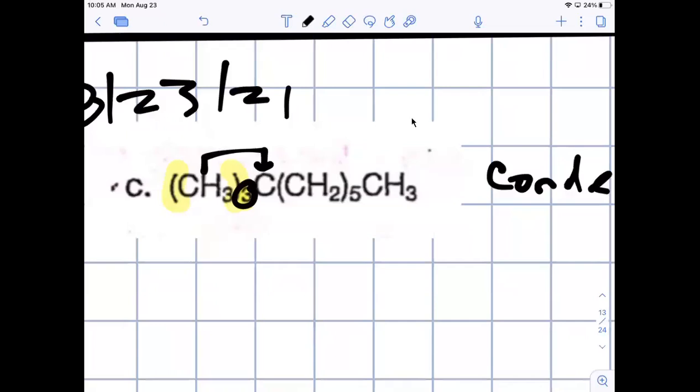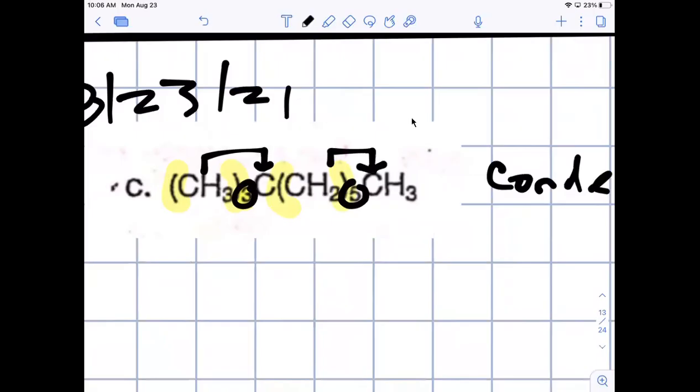And then this is also a way to condense it. It's telling you that there are 5 CH2 groups. So that's a chain between that carbon and the other CH3. And then the CH3 is attached to the last CH2 group in that chain. So let's write that out.